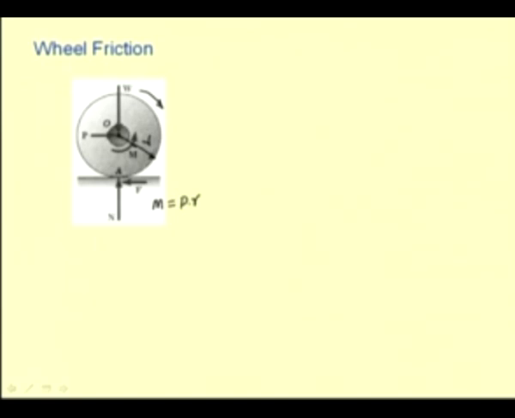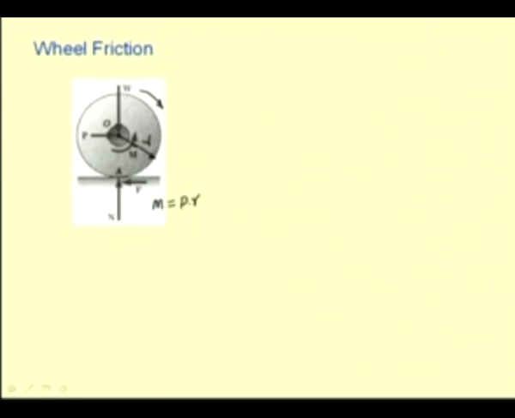We can see that W is balanced by N, and the moment M is balanced by the moment due to this force P, that is P into R. But when we sum the horizontal forces, if this force F is not there, then this force P is unbalanced, and in that case, rather than rolling, this wheel will start sliding and this point of contact will just move like this.